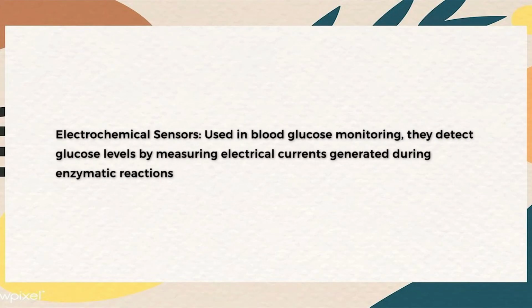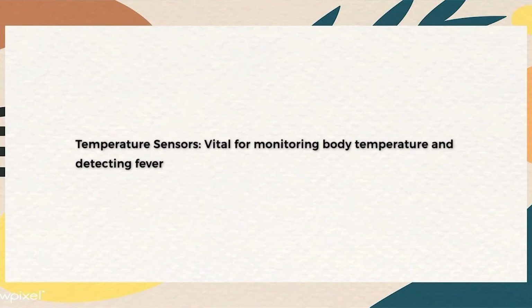Examples of different types of sensors: first, electrochemical sensors used in blood glucose monitoring. They detect glucose levels by measuring electrical currents generated during enzymatic reactions. Second is temperature sensors, vital for monitoring body temperature and detecting fever.